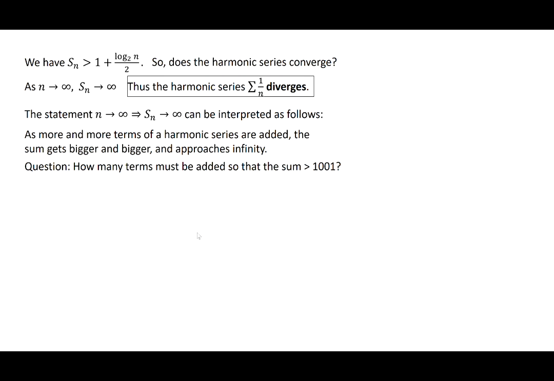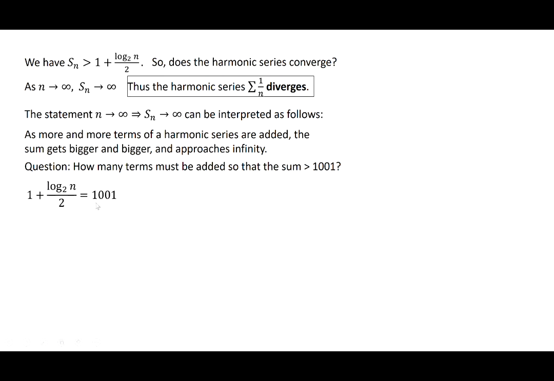So, how many terms should we add so that the sum is greater than 1001? Well, let's see when it would equal 1001. Sort of. I shouldn't say equal, but let's see. 1 plus log n to the base 2 over 2 is equal to 1001. Let's do that.